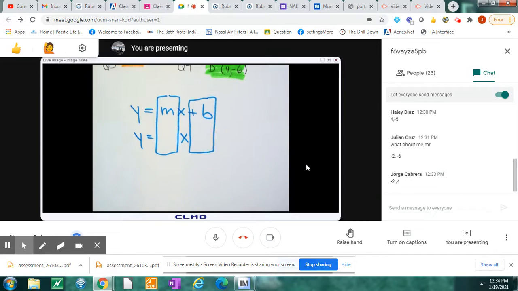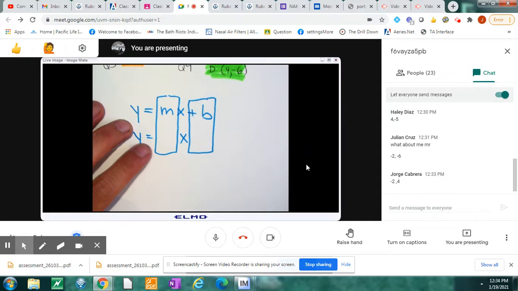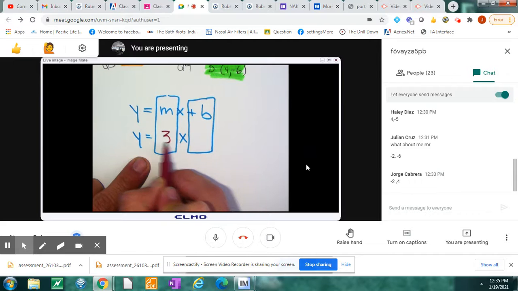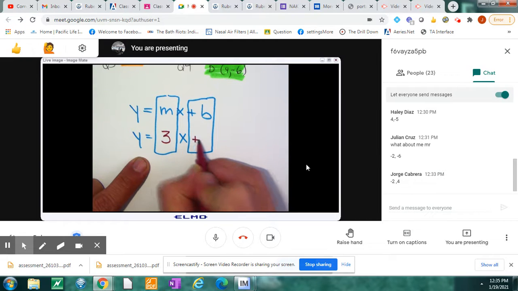Even though it says plus, you just put plus, and if it's negative, you put a negative. Simple like that. So now it's going to have a number or a fraction. So here I'm going to put 3, and here I'm going to put plus 7.